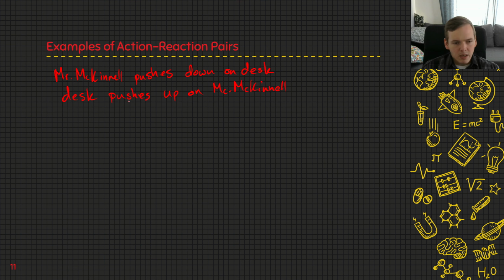So you'll notice 2 objects, Mr. McKinnell and the desk, exactly 2 objects. They're acting in opposite directions, down versus up. They're acting on different objects. One acts on the desk, the other acts on Mr. McKinnell. And they're both pushes. So Mr. McKinnell pushes down on desk, desk pushes up on Mr. McKinnell.